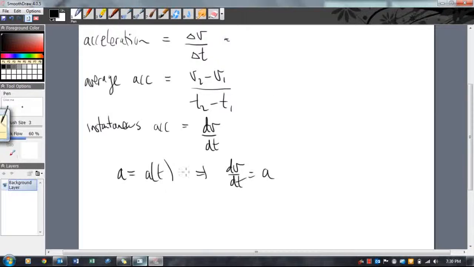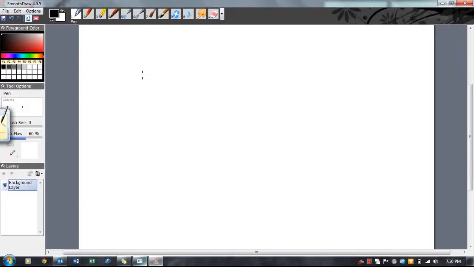So I'll start a new screen, but I'll just describe the relationship between all these three things I've just spoken about. Firstly, we've got our position. If you take the derivative of that, d/dt, you get to the velocity function.